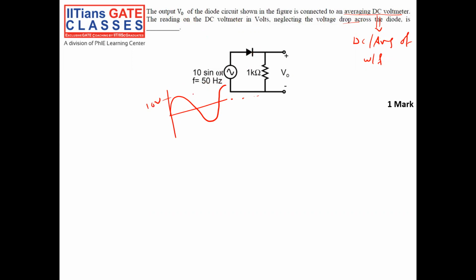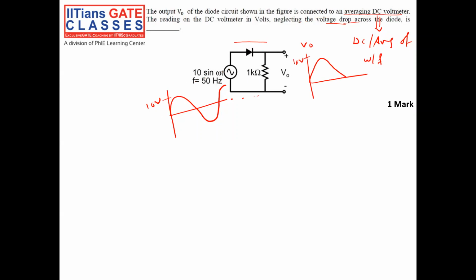During the positive half cycle, the diode will be forward biased and it will behave like a short circuit, because we have to neglect the voltage drop. So whatever input we are applying will come to the output. So my V output will be 10 volt.